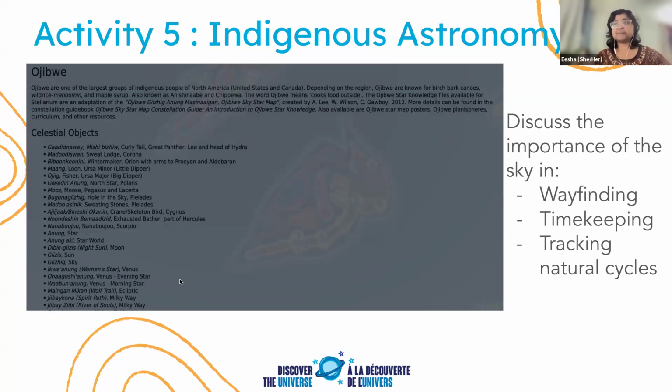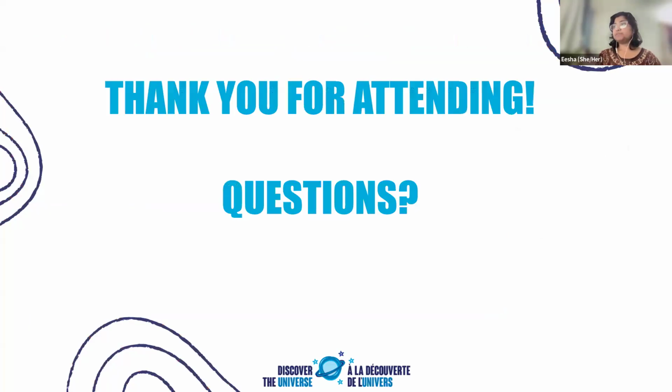So they have links to the Ojibwe sky map that they use, and this is a good starting point if this is something you want to explore further and design tutorials for your students or design modules for teaching. So those are all the things I had as suggestions.